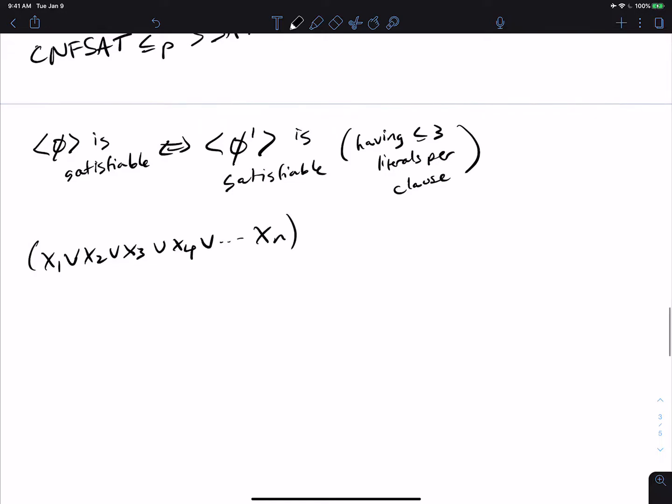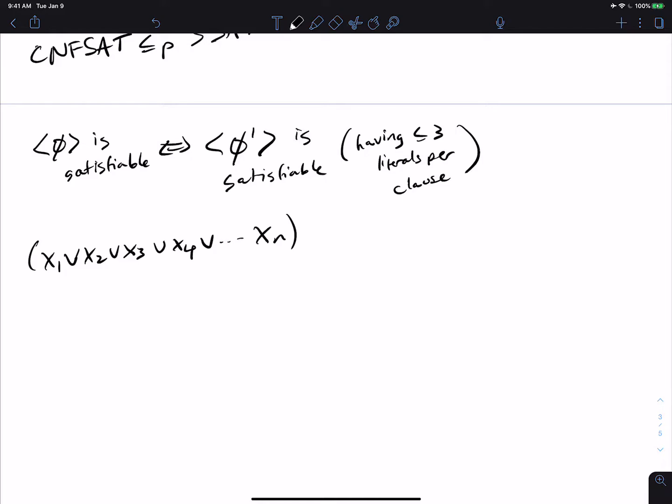Well, what we're going to do is break down this clause and make the clause actually smaller.